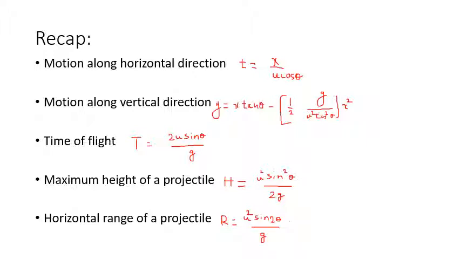And we derived the maximum horizontal range of a projectile. When theta equal to 45 degrees, we got the maximum horizontal range, denoted by R suffix m, which is nothing but u squared divided by g.